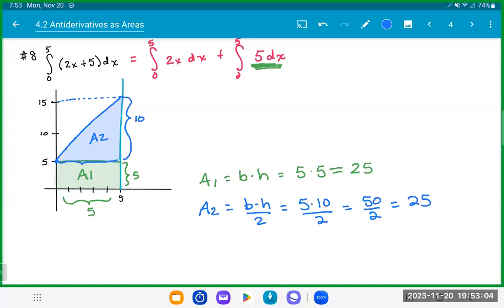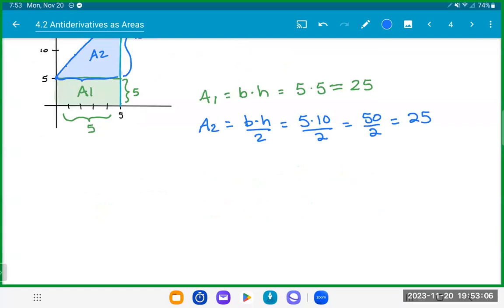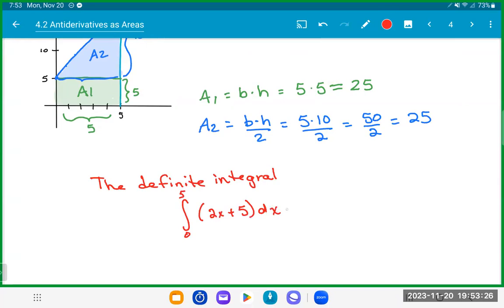So when I want to know what the definite integral is, my definite integral from 0 to 5 of 2x plus 5 dx is equal to 50, because it's 25 plus 25, which equals 50.